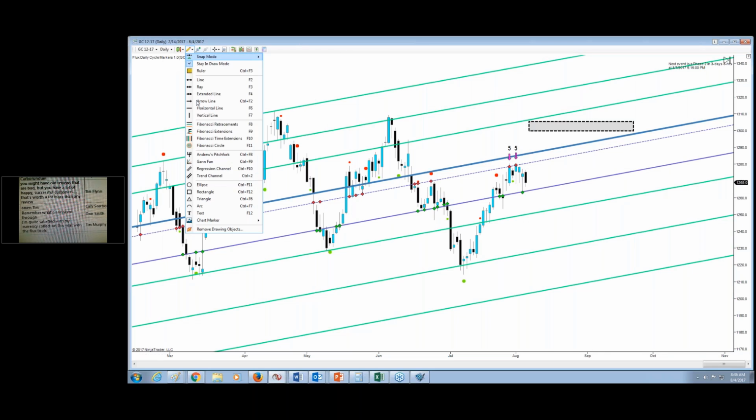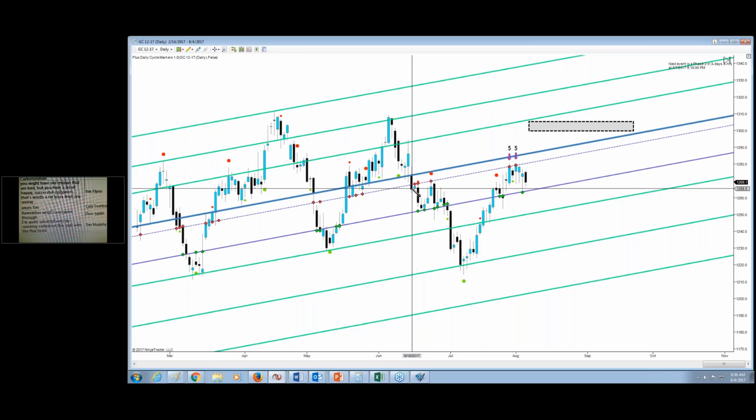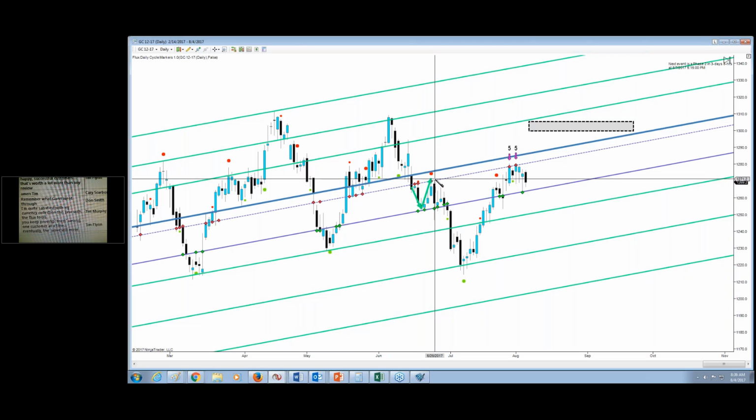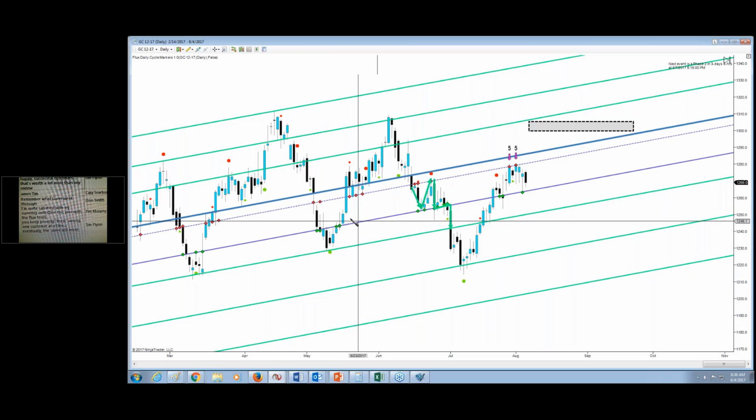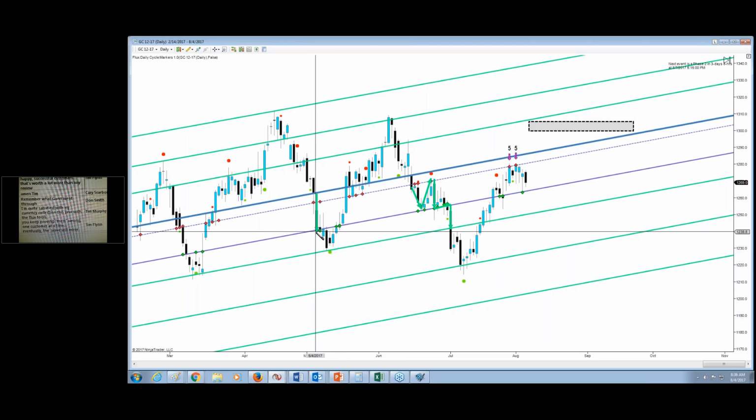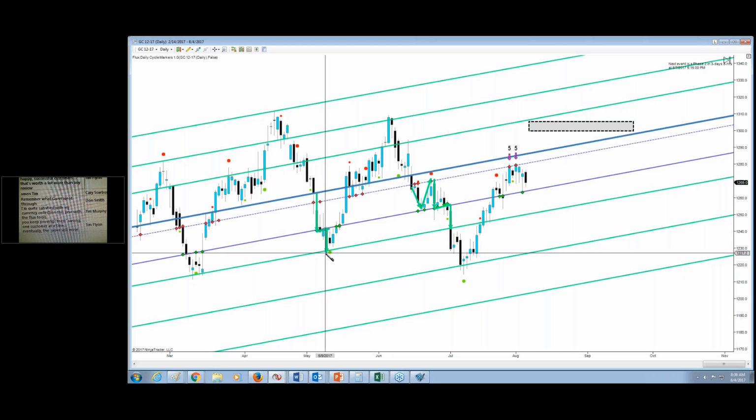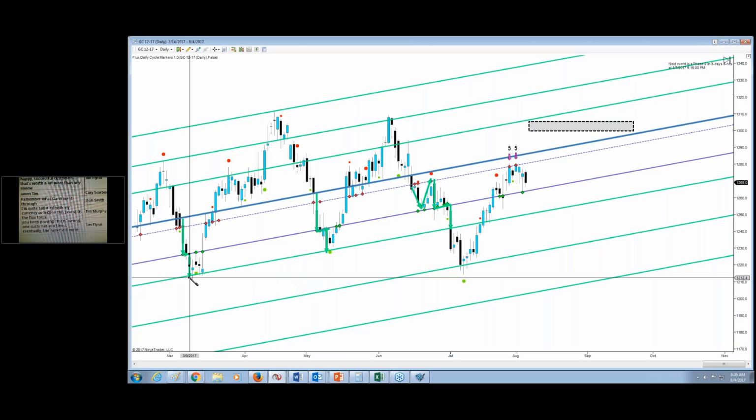When we have a retracement to this line, it comes down to this line here, it hovers, and then it dropped to the next line down. When it came down to this line, it hovers, and then it comes down to this line. When it comes down to this line, this one just went straight down to the next one.